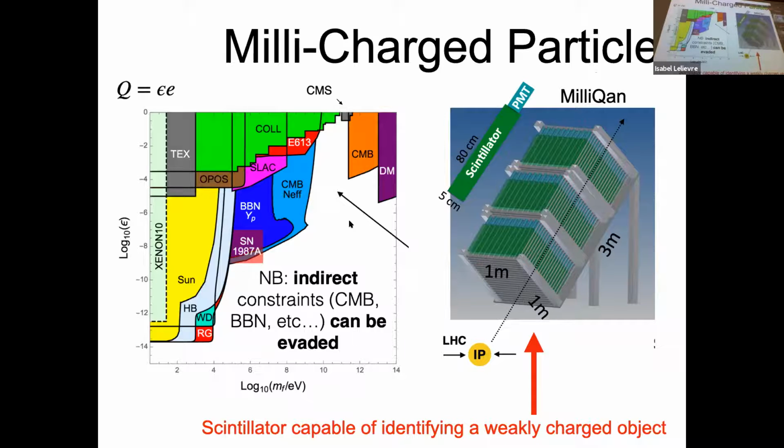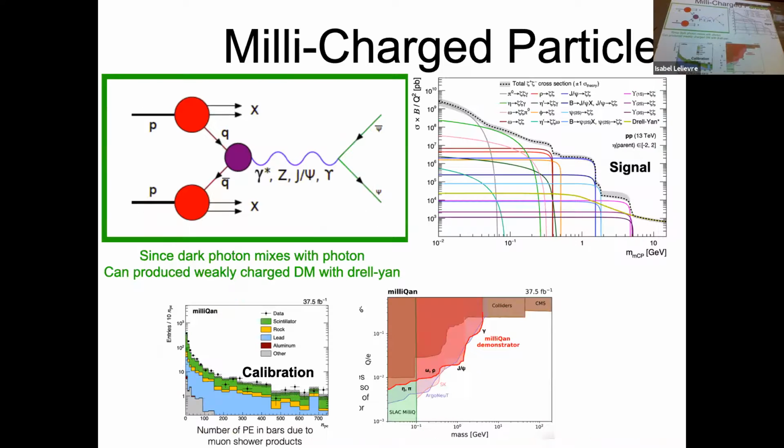And these are things you can constrain because you can produce dark sector particles at the GeV range at the LHC or at a beam dump just through normal Drell-Yan processes, where you then have them decay to dark photons, because they have this photon coupling.